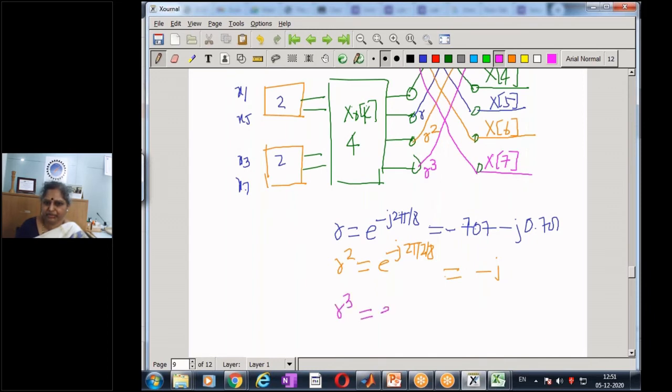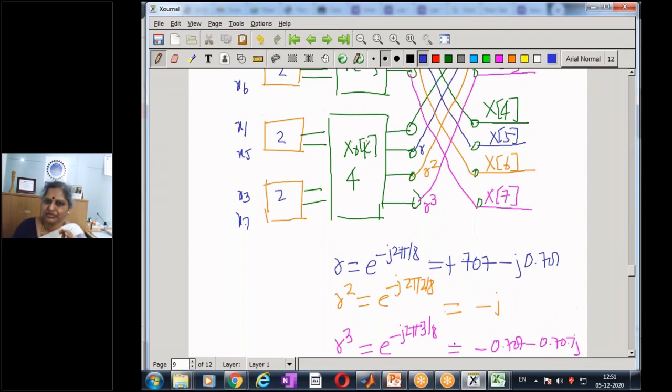Gamma cube is e to the power of minus j 2 pi 3 by 8, which is going to be minus 0.707 minus 0.707 j. Sorry, this should have been a plus for gamma, whereas gamma square is minus j, and gamma cube is this. We know that our gammas are located on the unit circle. So this is what we have.